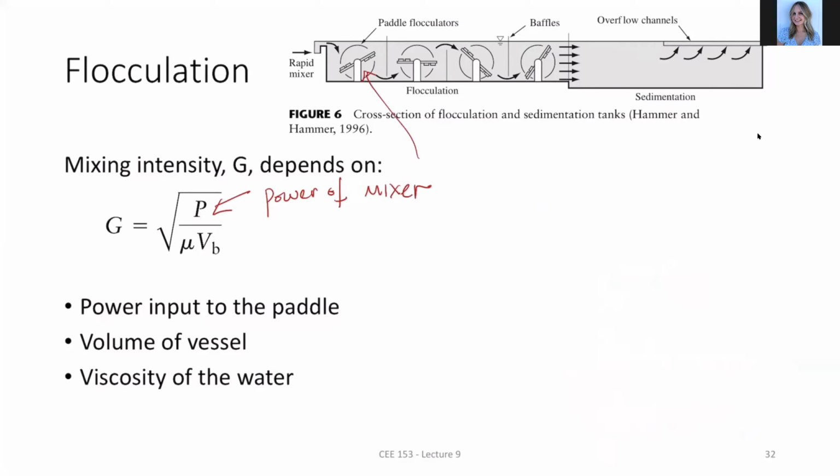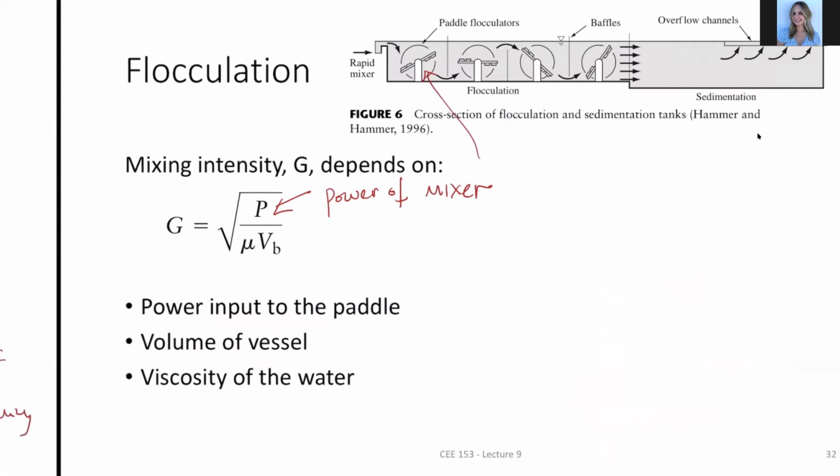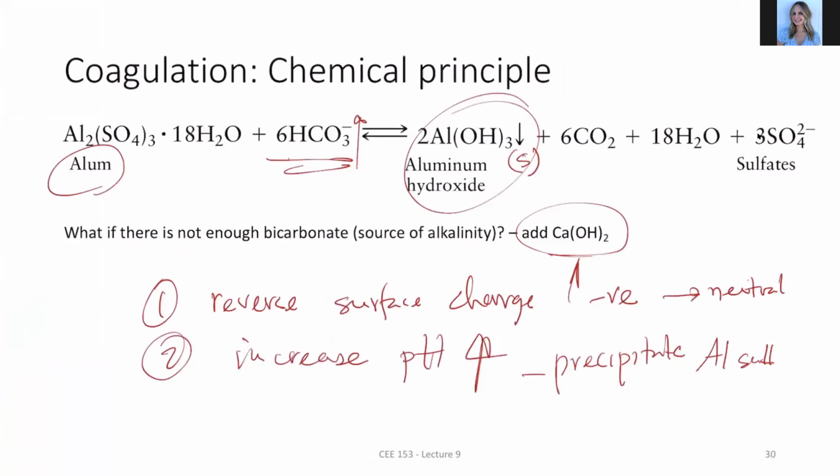Could you go over adding calcium hydroxide in coagulation, please? So the reason we add calcium hydroxide is to increase pH. If you don't increase pH, they will not precipitate. Because if you see, the precipitation is occurring because of OH ions, right?